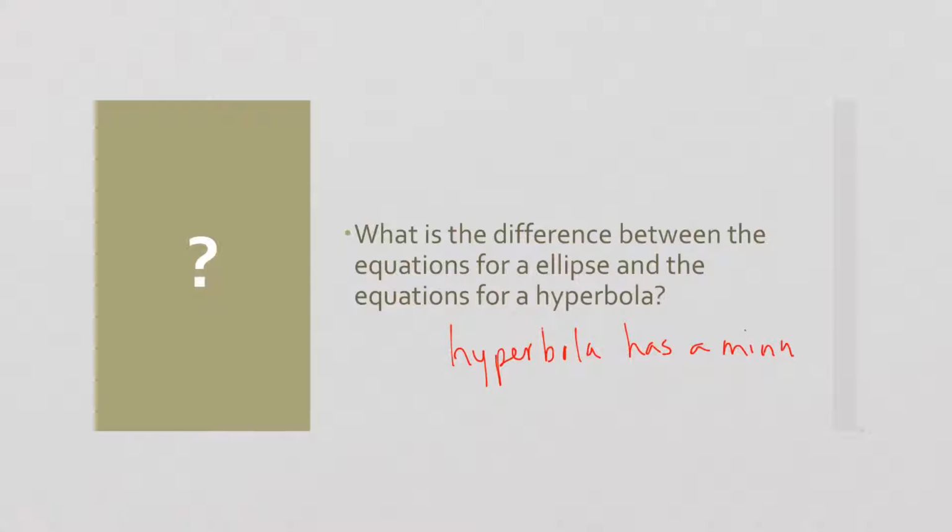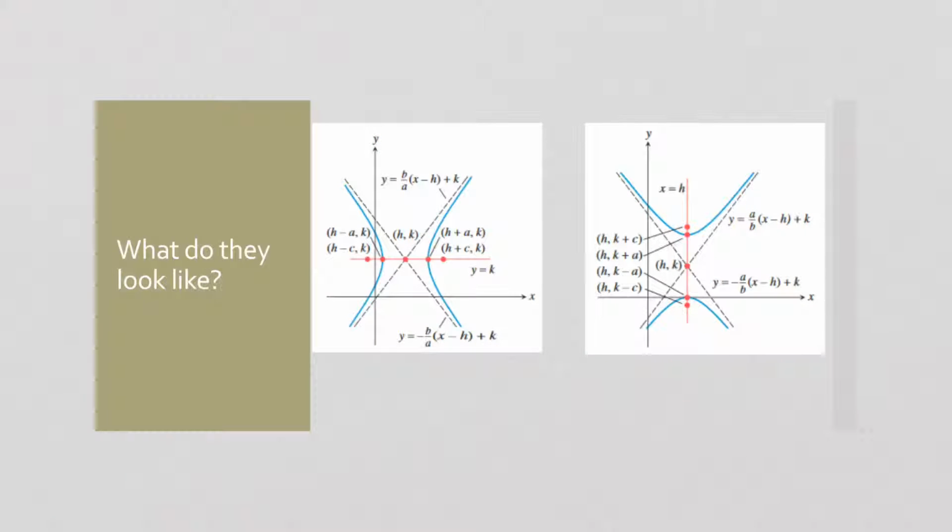Otherwise, they look exactly the same. And what do they look like? This is what they look like. Over here, I'm opening out along the x-axis. Over here, I'm opening up, which means I'm following along the y-axis.